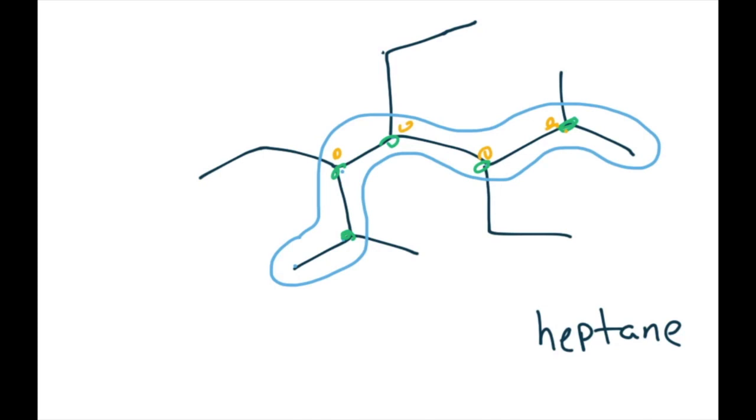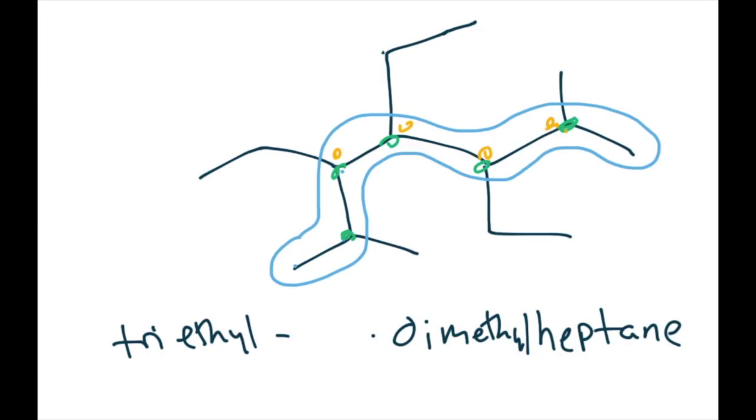And then substituents on this. Got ethyl, methyl, how many methyls? Dimethyl. Triethyl. Okay, so, do I want to number blue, or do I want to number orange?